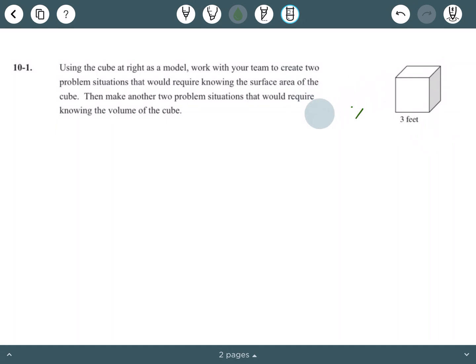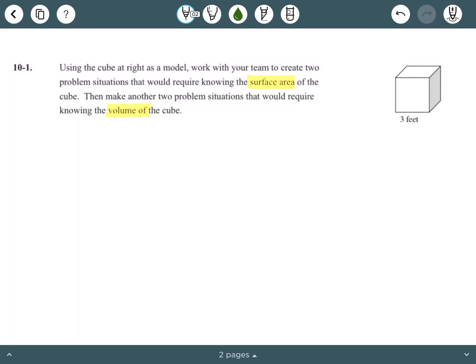So what this question is asking us is, hey, come up with two scenarios where we would want to find the surface area of the cube. All right, so why would we want to find the surface area of this cube? Let's come up with some scenarios. And also, why would we want to know the volume of the cube?